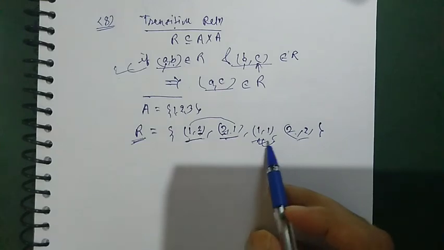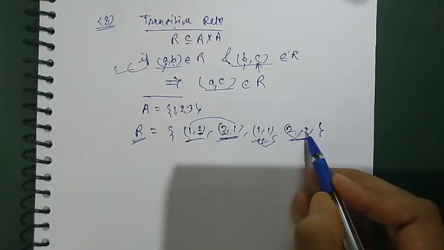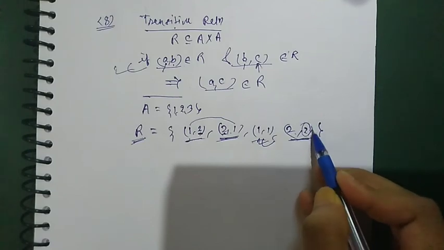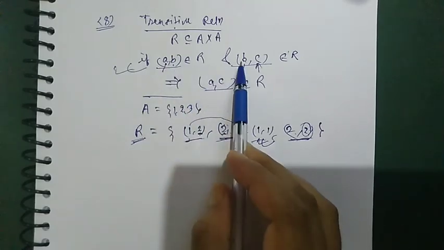If we take here 2 comma 2 and 2 comma 1, the second coordinate is 2 and the first coordinate is also 2, so the B equal to B condition is satisfied.